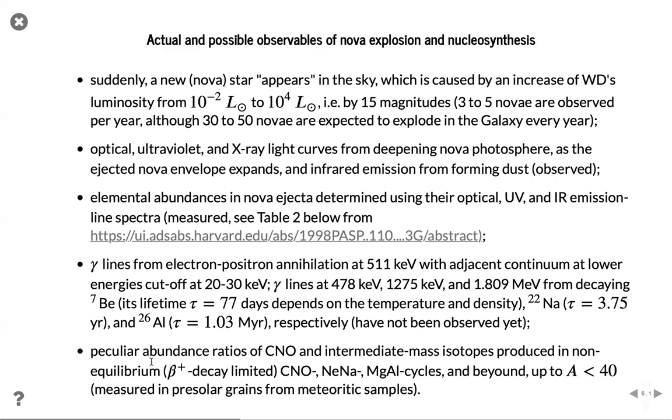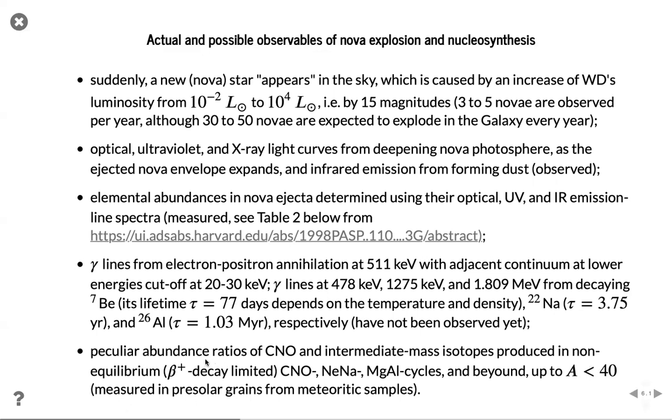Finally, peculiar abundance ratios of CNO, carbon, nitrogen, oxygen, intermediate mass isotopes, not elements, but isotopes, produced in non-equilibrium beta plus decay, limited CNO, neon, sodium, magnesium, aluminum cycles, and beyond, up to atomic mass 40, right?